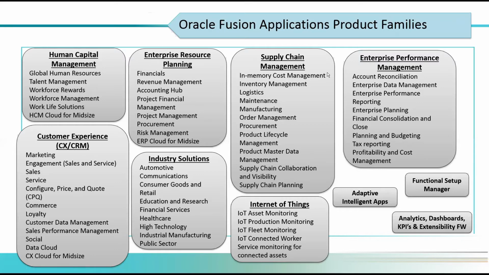So we have a list of product families available here, and all the product families share three common things, something called adaptive intelligence applications. With adaptive intelligence, Oracle is trying to get artificial intelligence and machine learning capabilities into each and every one of these applications. For example, let us say a digital assistant or a chatbot.